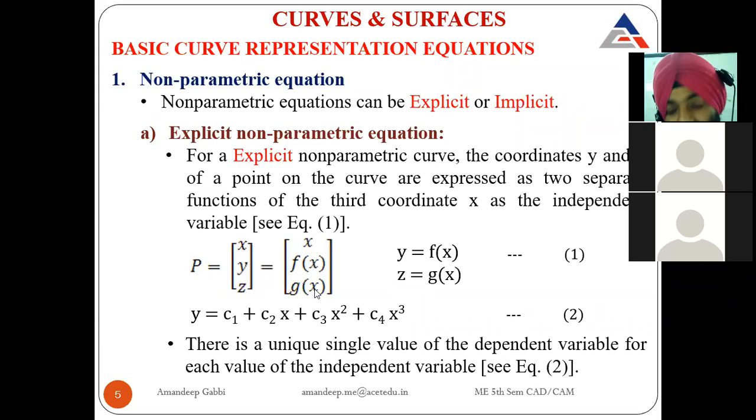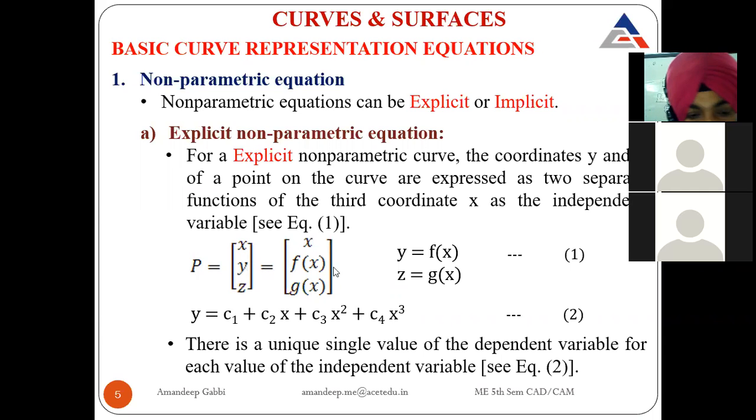What is the meaning of this? The values of x, y, and z, the three coordinates of a point P. Y will be dependent on x. X is already dependent on x, meaning x is directly dependent on x. If the value of x increases, x is going to increase. Similarly, the value of y is also dependent on x. If the value of x increases, y will automatically increase.